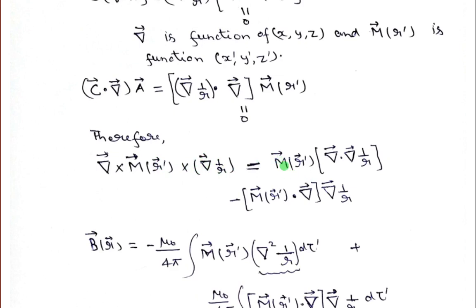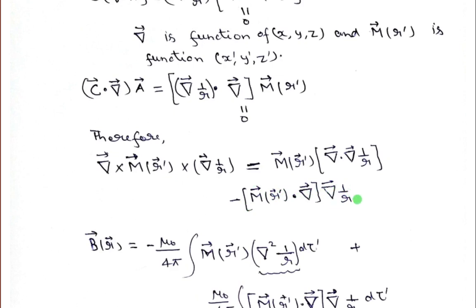That is vector a, the capital M vector, in bracket, the divergence of vector c, that is the del operator dot gradient of 1 upon r, minus vector a dot del into vector c. That is the capital M vector, which is a function of r prime, into the del operator outside the bracket, that is the gradient of 1 upon r.